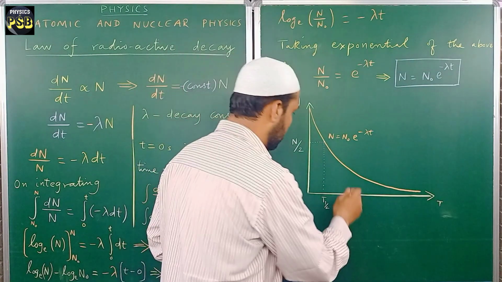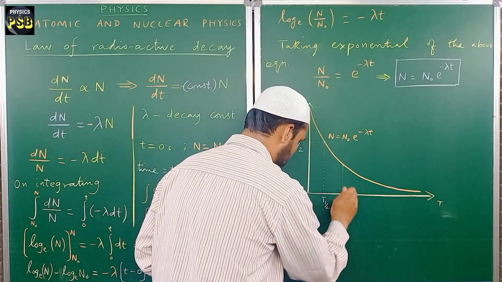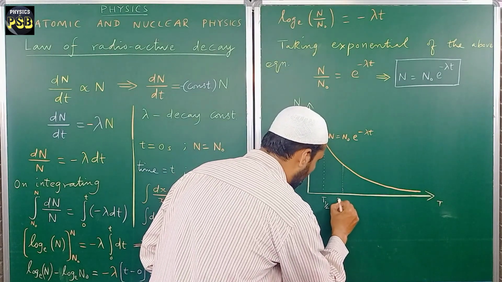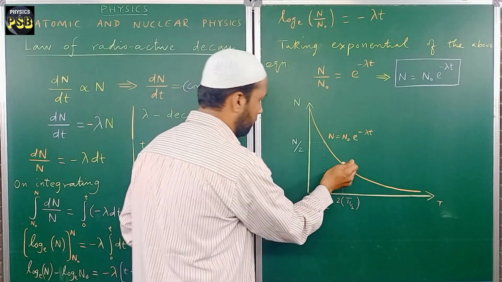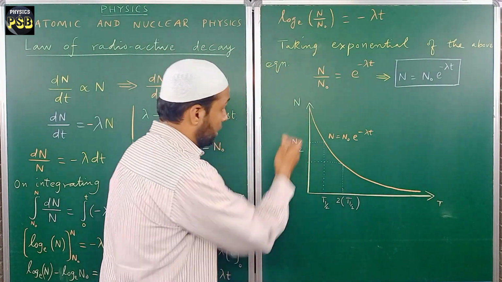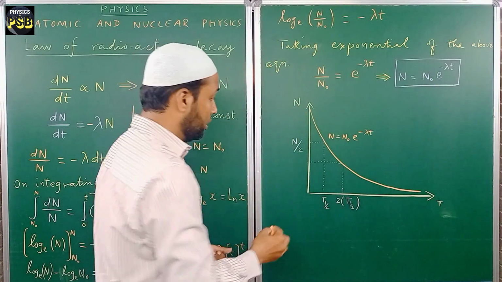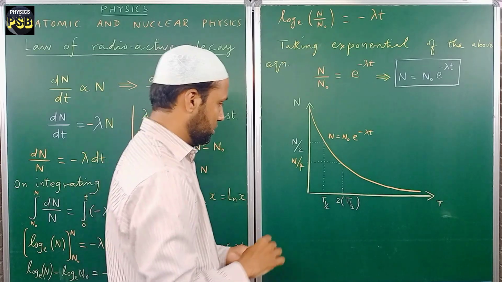Okay, then at the time period which is twice t half, the number of nuclei becomes n by 4 and it goes in the similar way.